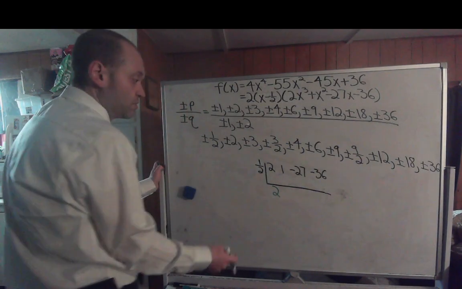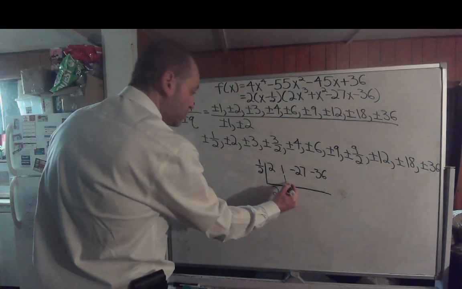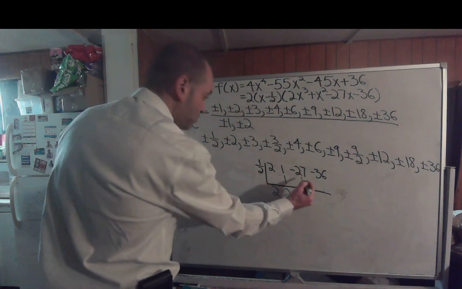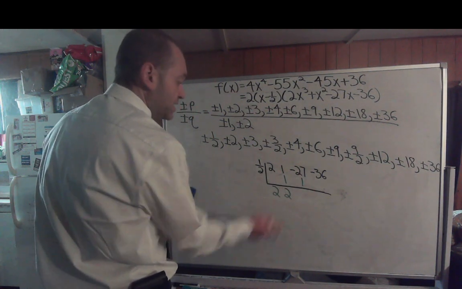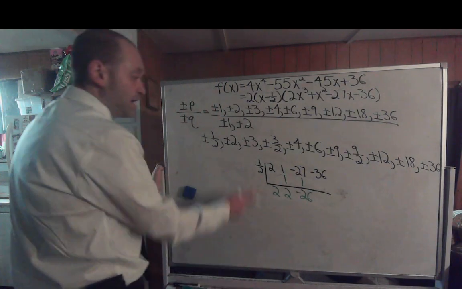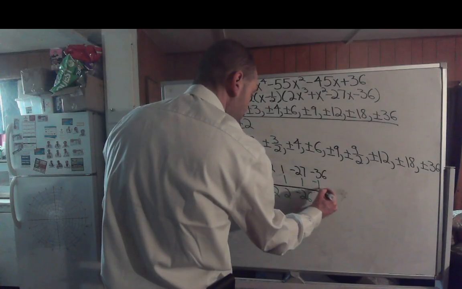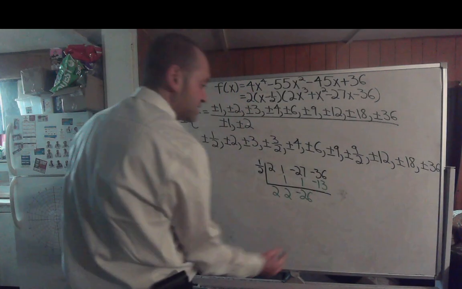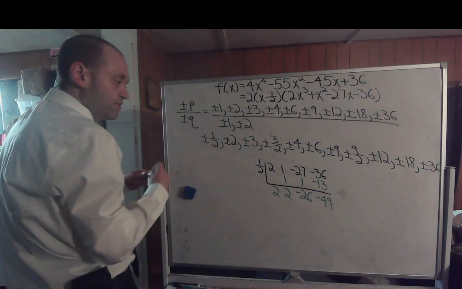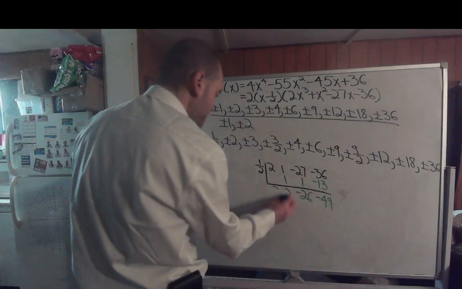Half of 2 is 1. 1 plus 1 is 2. Again, half of 2 is 1. Negative 27 plus 1 is negative 26. Half of negative 26 is negative 13. Negative 36 minus 13 is negative 49. That remainder of negative 49 means half isn't a factor.